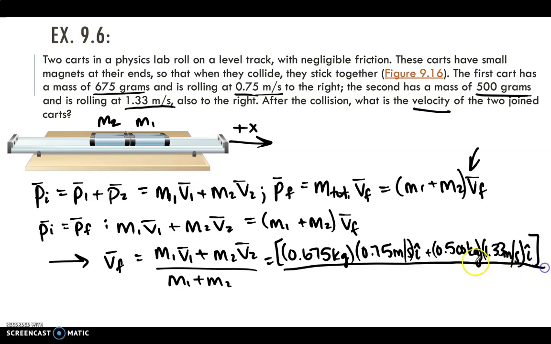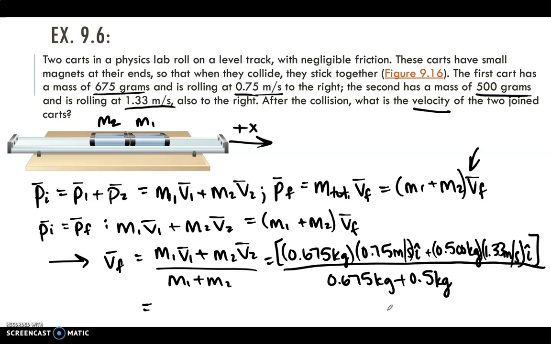divided by our total mass, so 0.675 kilograms plus 0.5 kilograms. We can go ahead and plug all of that in. Note, I did change my mass to kilograms. You could have left it the same since we do divide it out, but it is a good idea to always switch it over just in case.